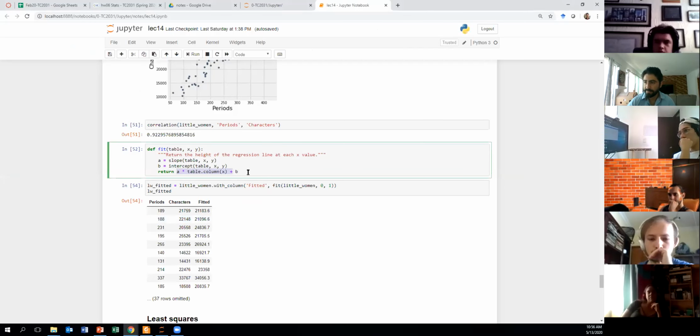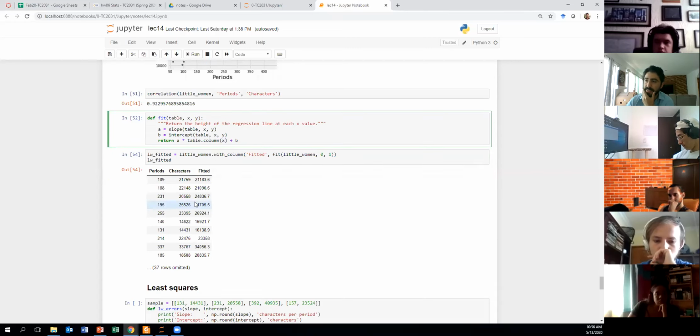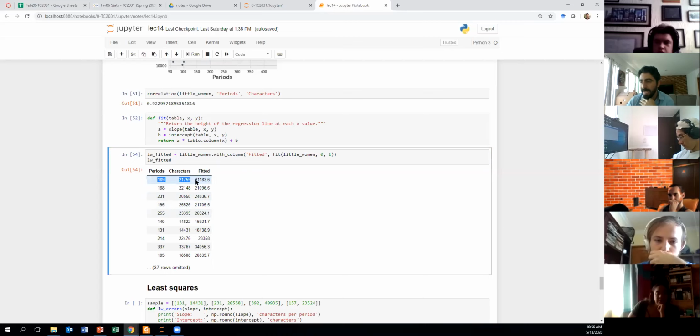Exactly as you can see here, it's the same equation. I have my slope, I have my intercept, then I calculate that value. This is my x value here. This is my slope, my intercept. So I put these predictions next to my table. I appended them to my table. So this is the number of periods and number of characters, the values I had earlier.